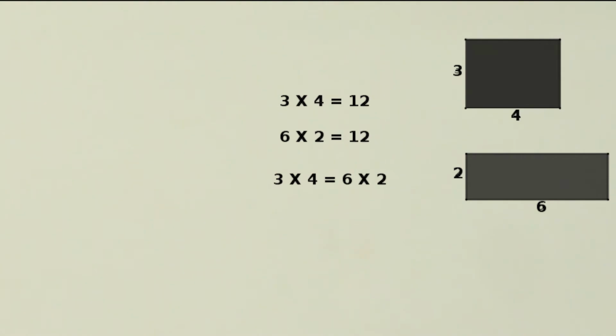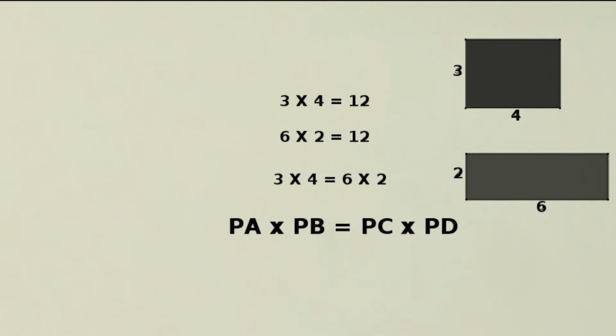Well, in that case, can 3 multiplied by 4 equals 6 multiplied by 2 be expressed as two intersecting chords of a circle? Let us try. Watch this.